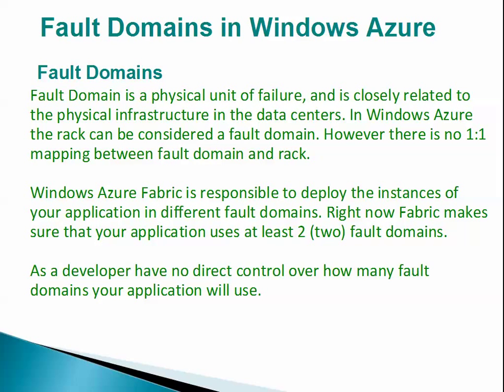Suppose we need to create 10 instances of a web role, then it will probably put 3 instances in fault domain 1, another 2 instances in fault domain 2, and another 4 instances in another fault domain. The fabric controller will handle everything for us.